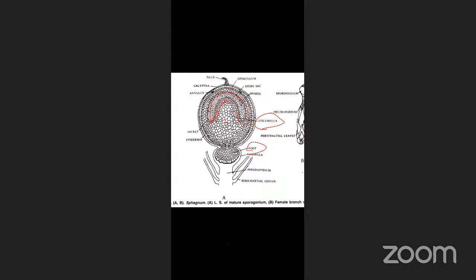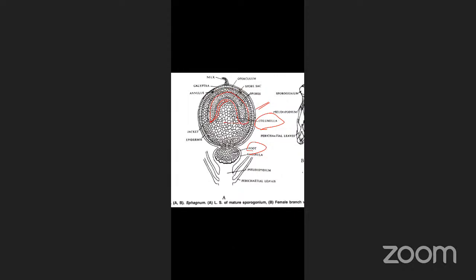Next, the wall of the capsule is 4 to 6 layers thick. The outer layer of the capsule wall is called the epidermis. The cells of the epidermis are compactly arranged and contain chloroplasts. Remember it. What is the function?